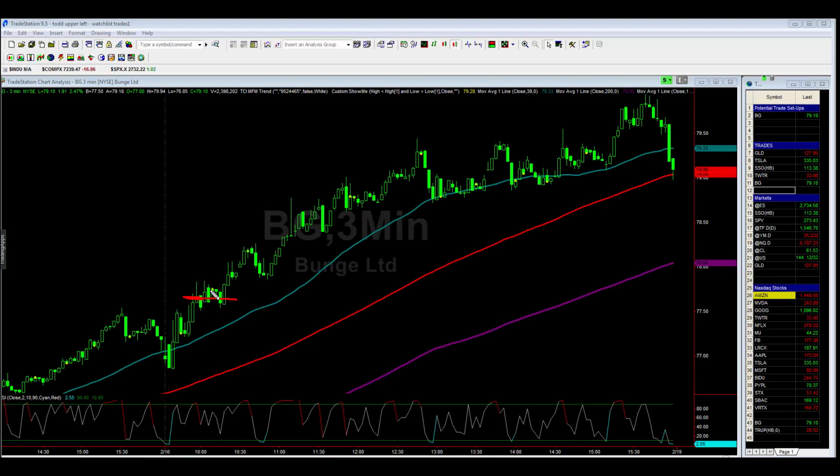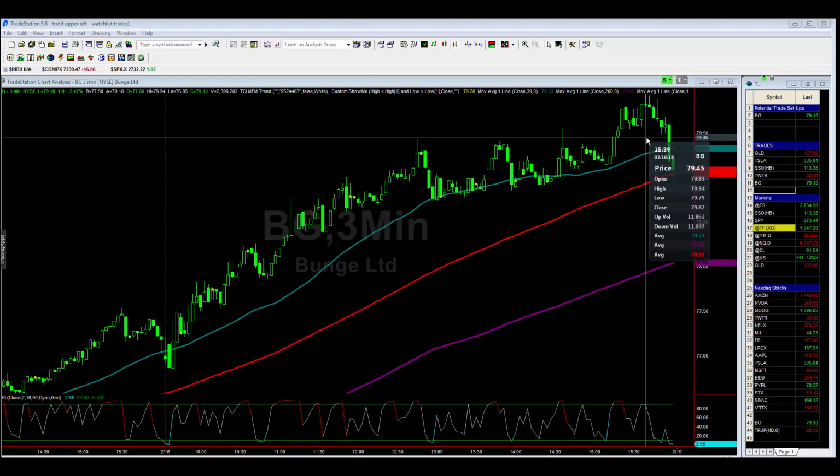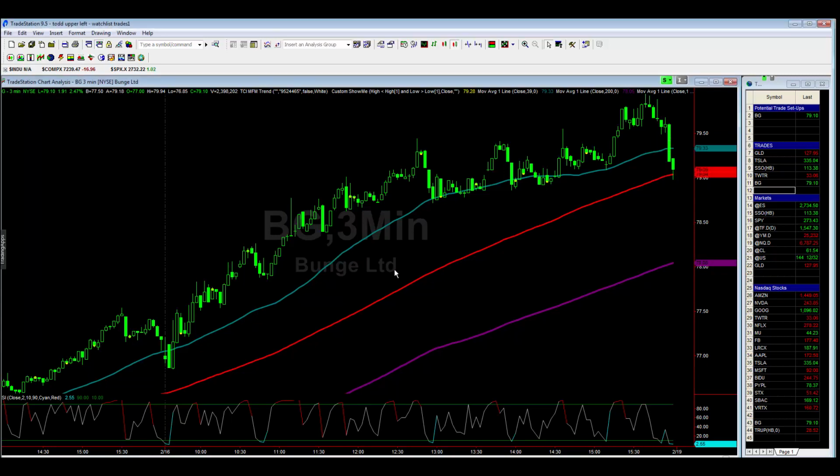Not a bad trade. It gave you an opportunity to enter if you didn't want to enter on a buy stop order. You had plenty of time to enter right in here. And as you can see, the market proceeded to move higher and gave you two solid points at least, right? 64 went to 79. The high of the day was 79.94. So that was a good trade.